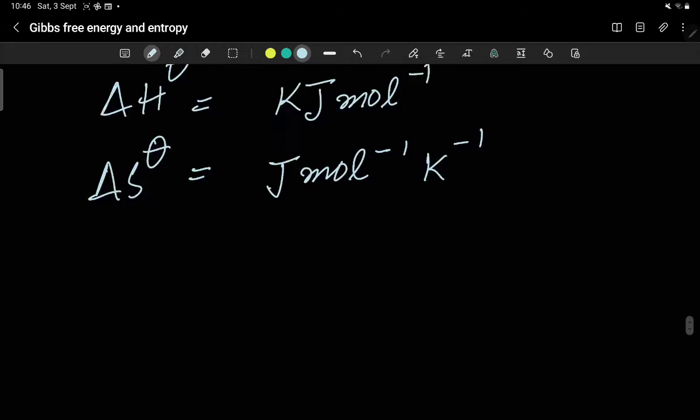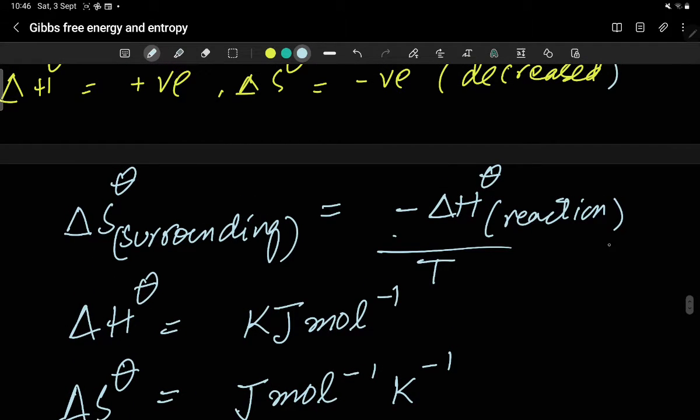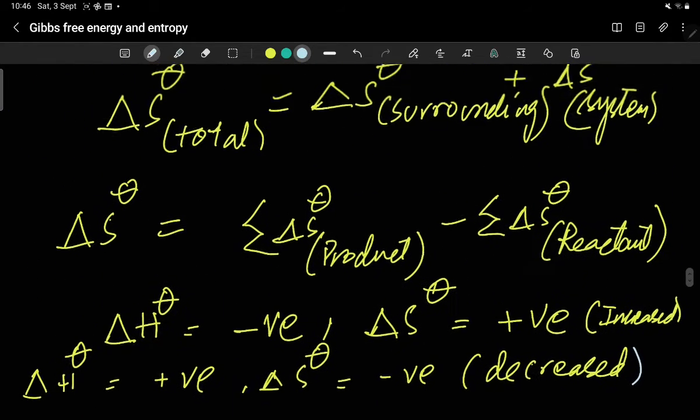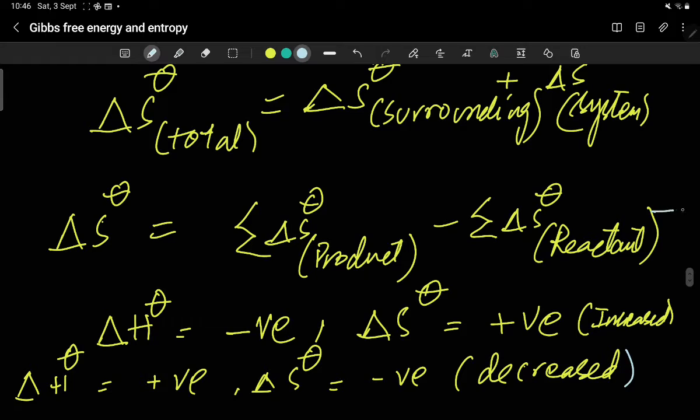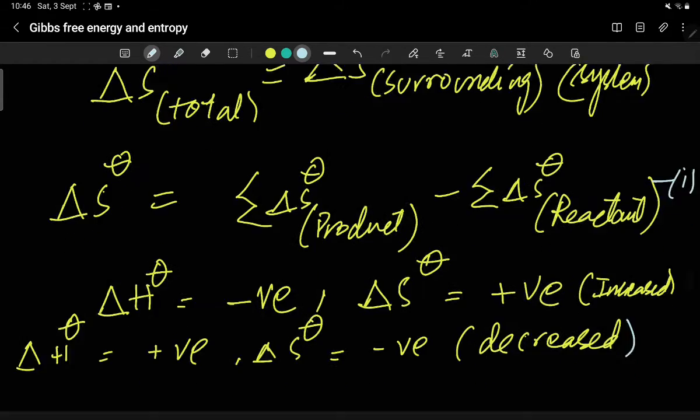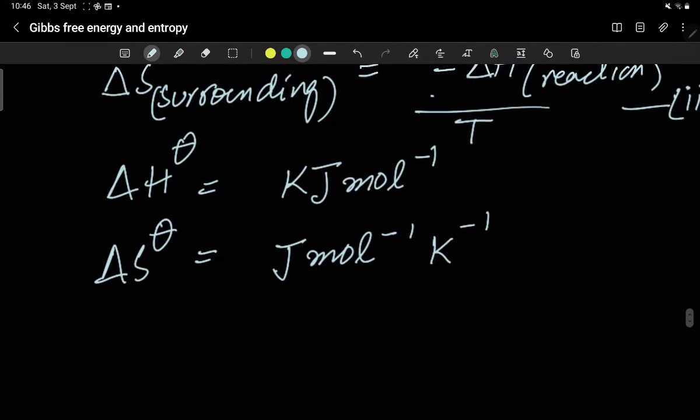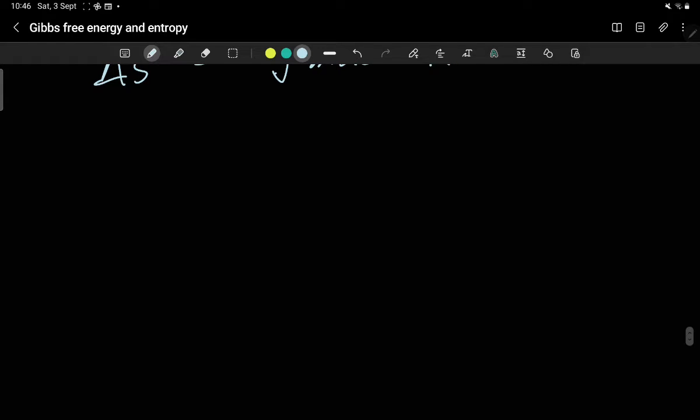So using this relationship, let's say this is chemical equation two and this is chemical equation one, we put it in the main chemical equation for delta S total.